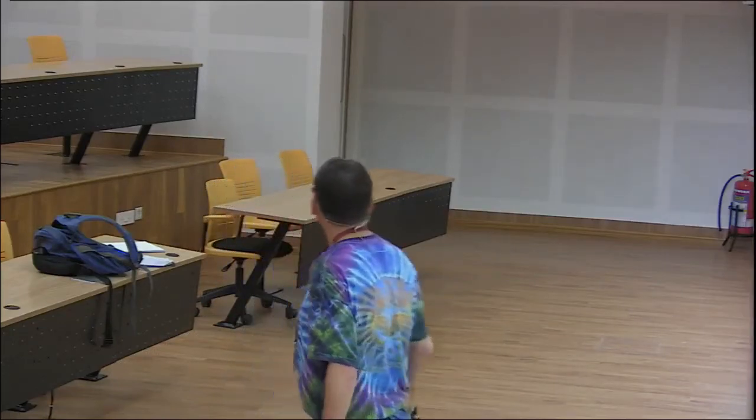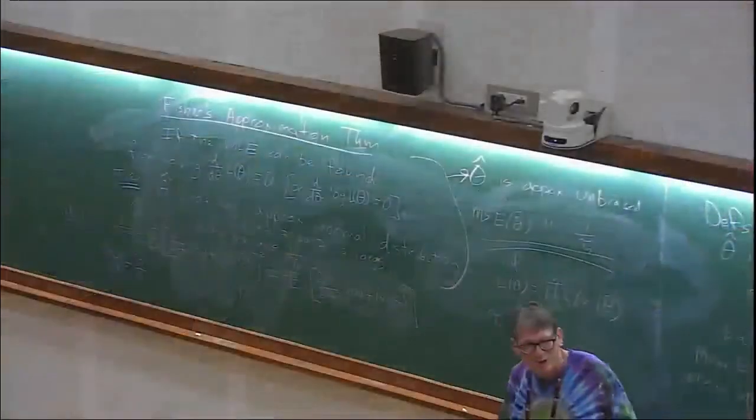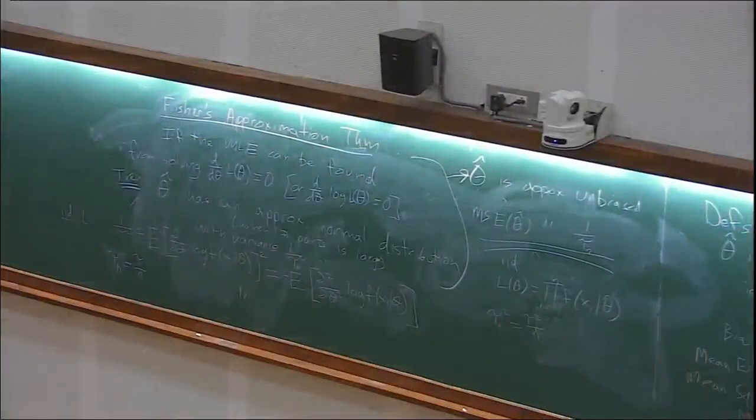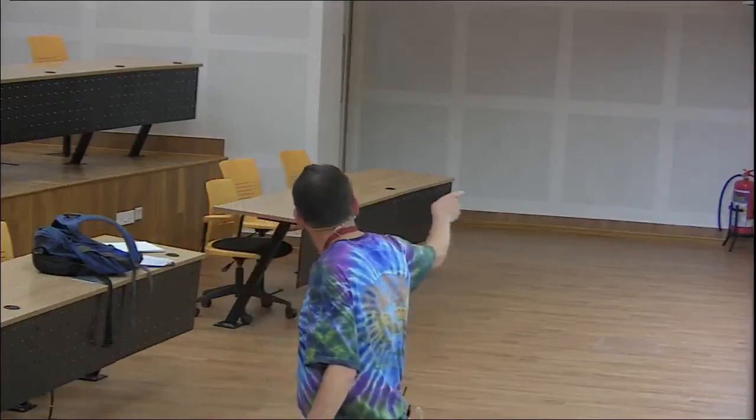But if you worked it out with Fisher's theorem, your answer would actually be that 15 lives plus or minus 75 would be saved. And that gives you a very different picture. So this is very important.